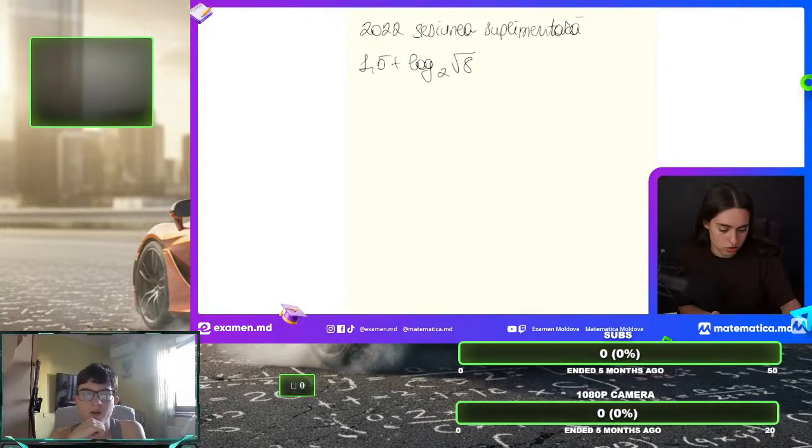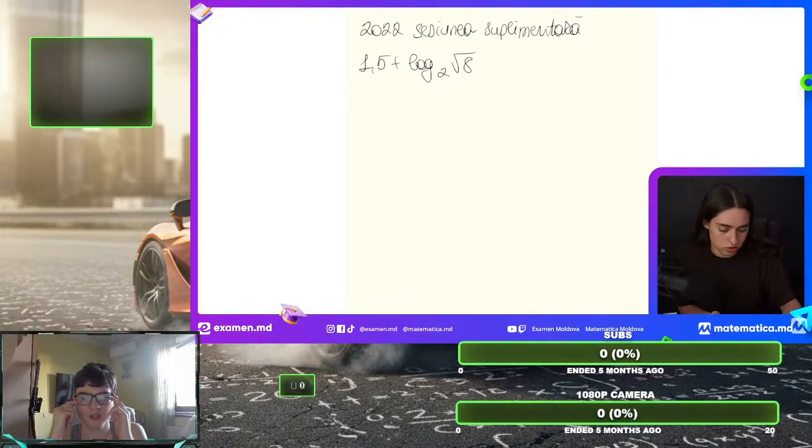Let's see the log part. Log base 2 of the square root of 8. Well, the square root of 8 can be written as 8 being 2 to the power of 3, but who cares about that? 2 to the power of 3, and if you take into account the square root is the power of 1 divided by 2, you can write it as 2 to the power of 3 times 1 divided by 2, which is the power of 3 divided by 2.